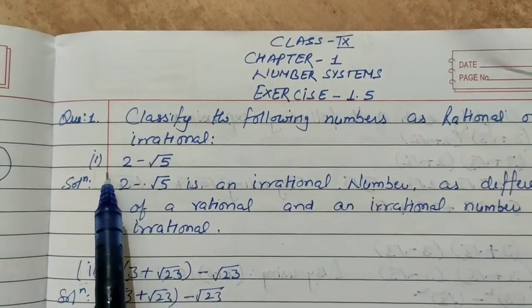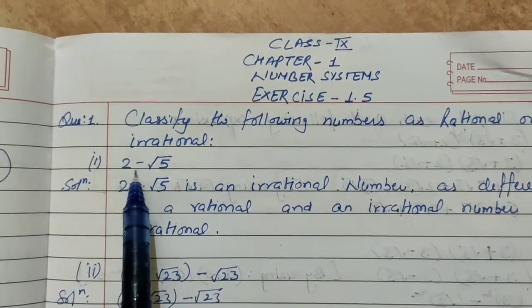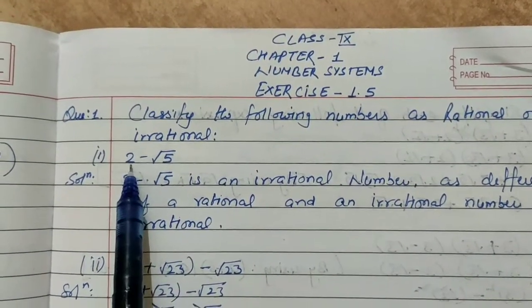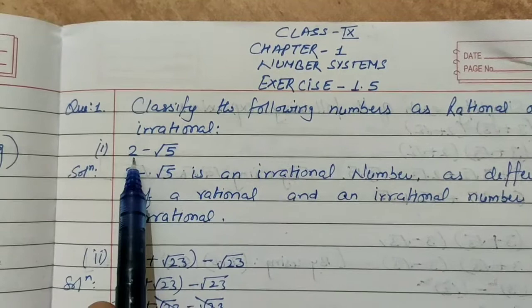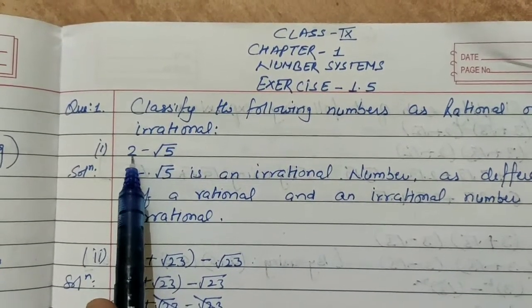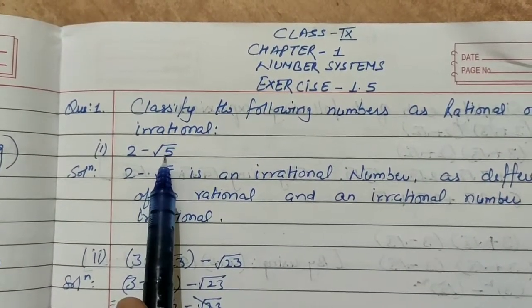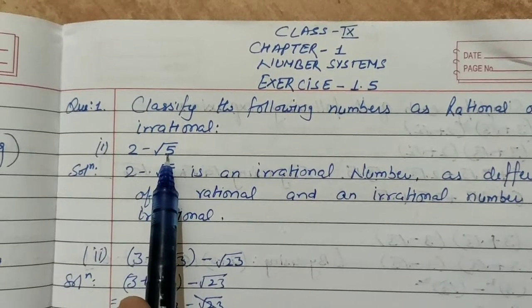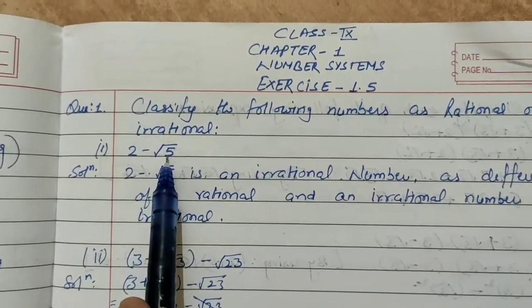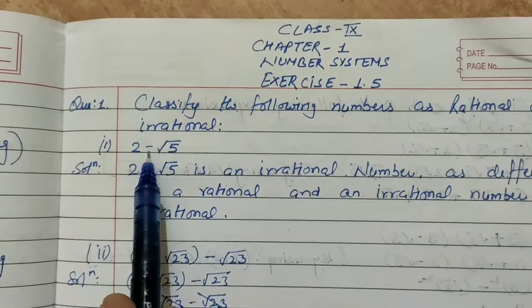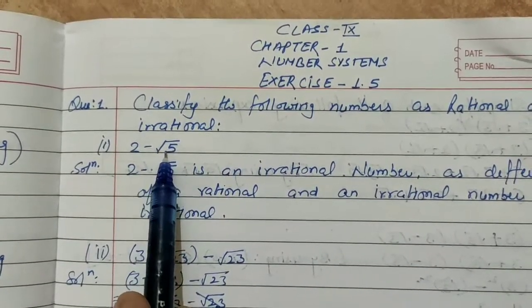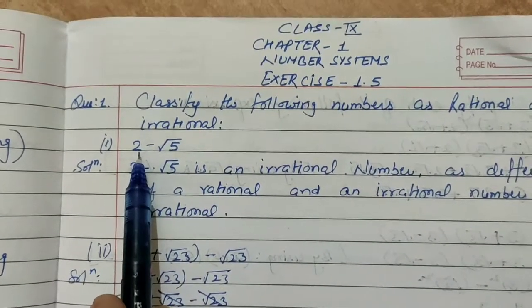So now, with part number 1 we have given 2 minus under root 5. Here 2 is a rational number as 2 can be written in the form of p by q. But under root 5 is an irrational number as root 5 can't be written in the form of p by q. So here the difference of a rational and irrational number is always irrational. Keep in mind, the difference of a rational and irrational number is always irrational.